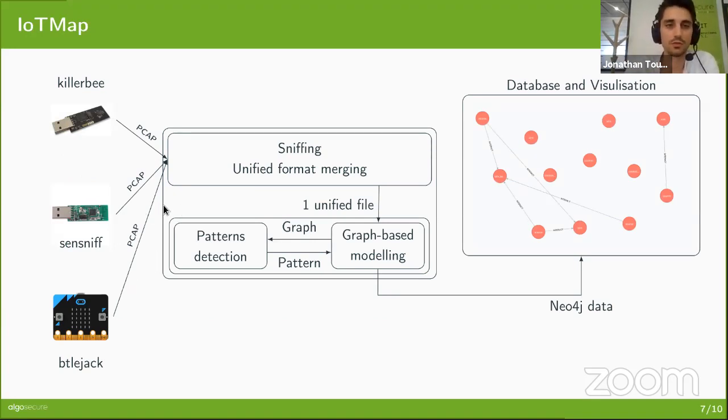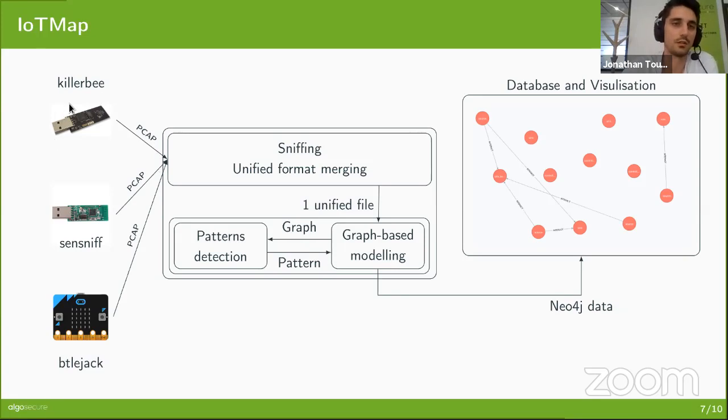That is a tool that merges different existing tools to be able to intercept, play, and analyze different IoT protocols simultaneously. To do that, we provide an architecture divided into 3 parts, with the sniffing part that collects and instantiates different existing tools.